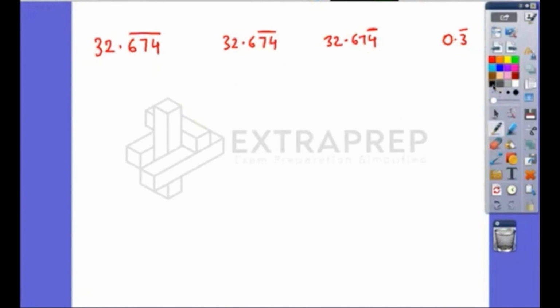To convert the fractions into P by Q form, you'll need a numerator and denominator. To find the numerator, you will take the whole number, meaning without the decimal points and bars, and subtract the non-recurring part. Recurring is the part which is getting repeated. Non-recurring is the part which doesn't get repeated.